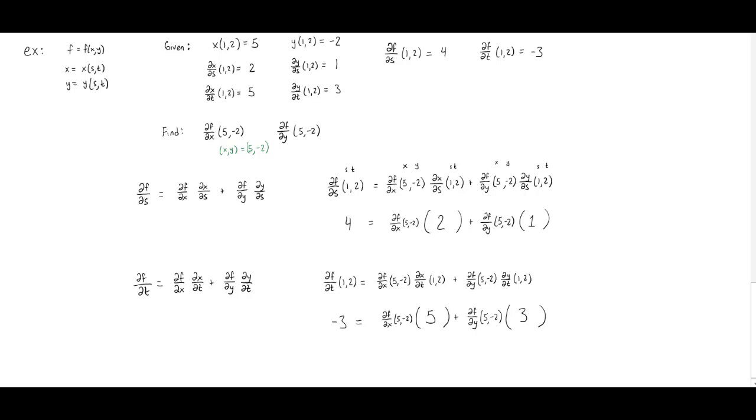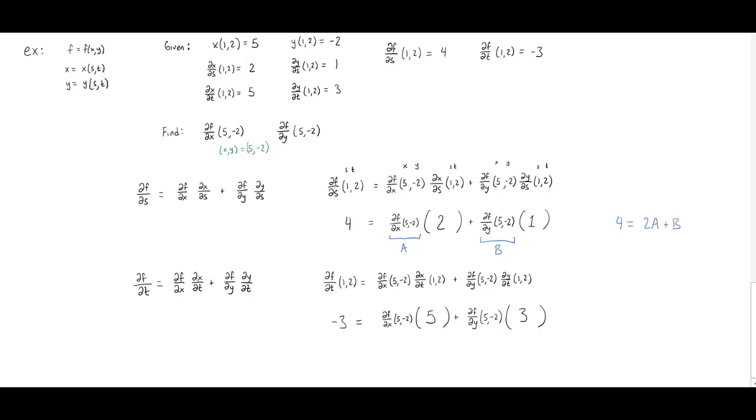Now, just so I don't have to write as much for now, let me just abbreviate. I'm just going to call this A and I'm going to call this B, just so I don't have to write out so much, all right? But essentially, this gives me an equation. I have 4 equals 2A plus 1B.